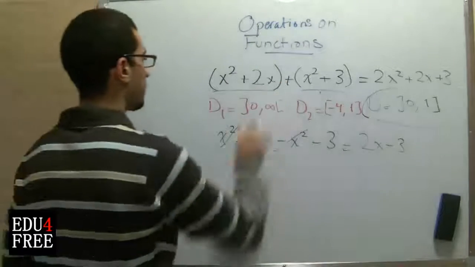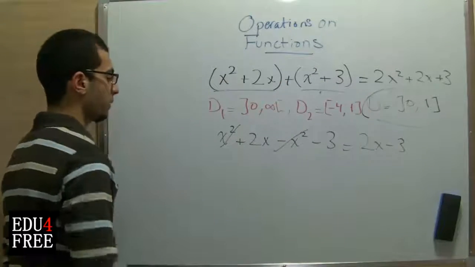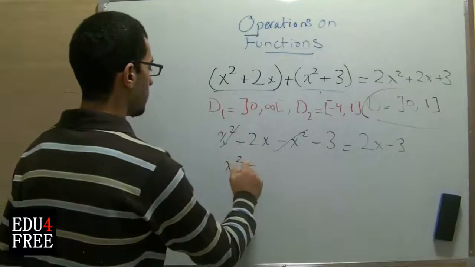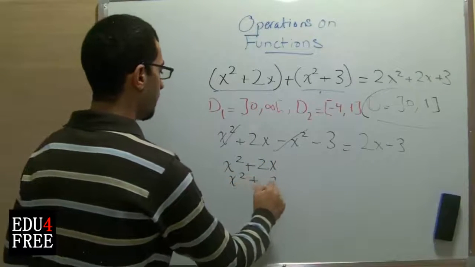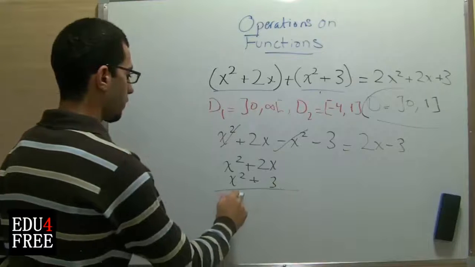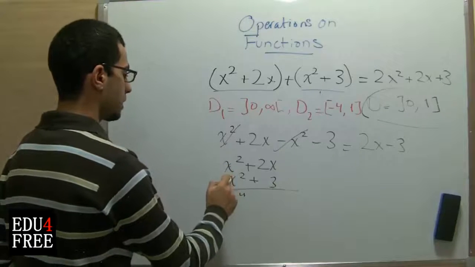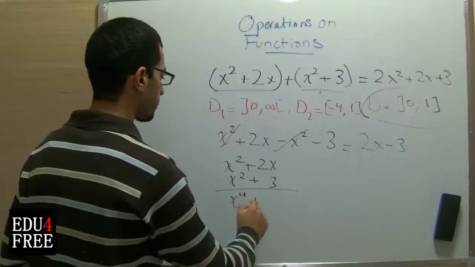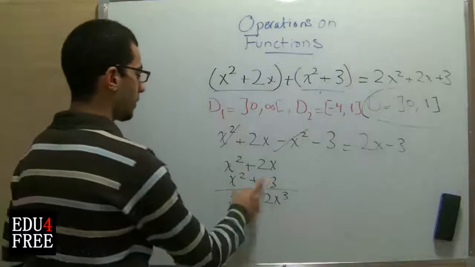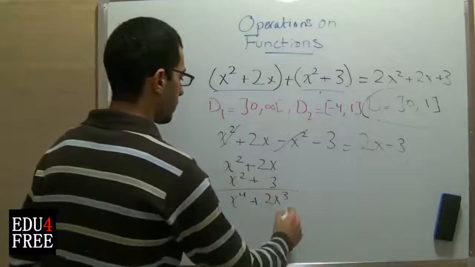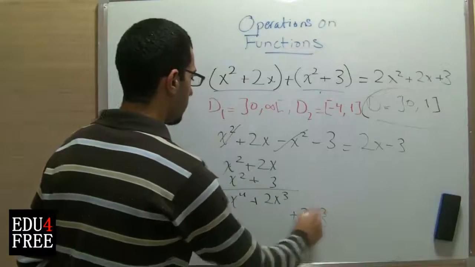And if we multiply these together, we have x to the power 2 plus 2x. Here we have x to the power 2 plus 3. So we get x to the power 4. Multiply this by this, then this by this one. We get 2x to the power 3. And then we multiply the 3 by the x to the power 2, so we get 3x to the power 2.